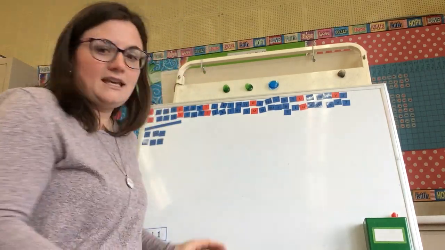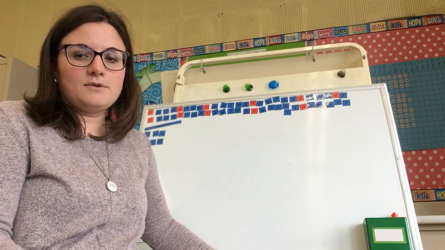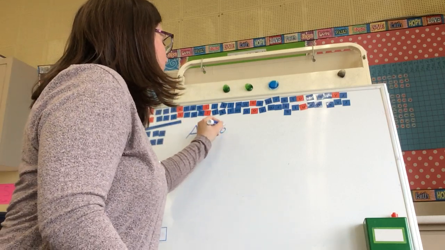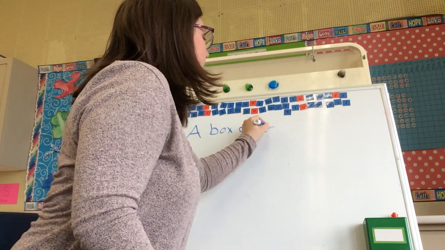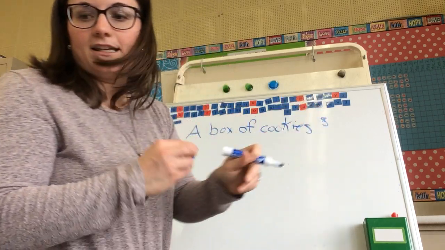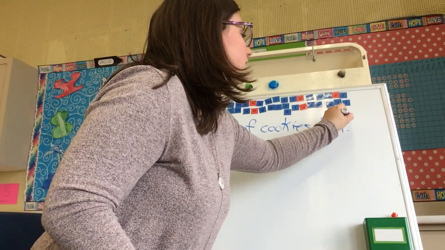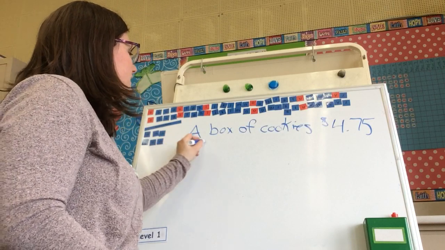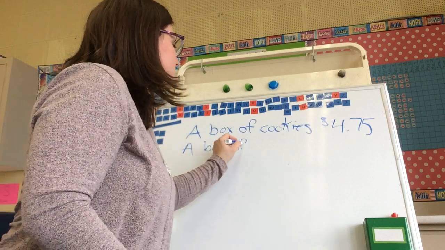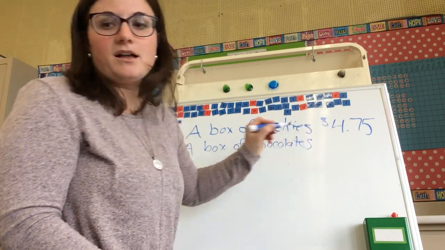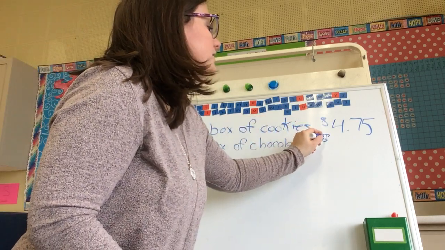Okay, and I'm going to say, I'm going to buy a box of cookies, and these cookies are going to cost me, how much are these cookies? It's going to cost me $4.75. Okay? A box of chocolates costs $8.20.